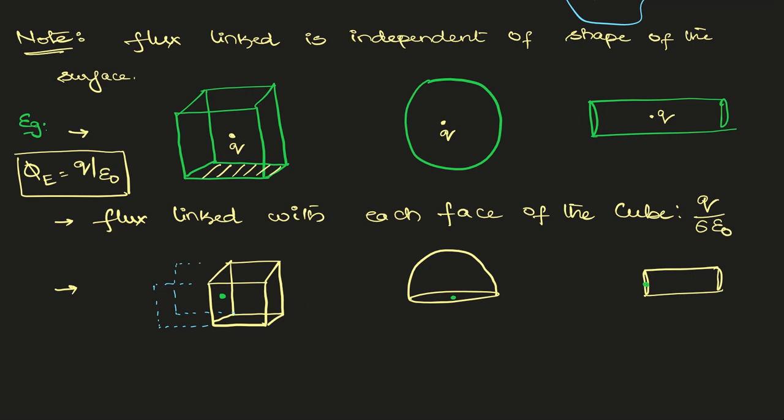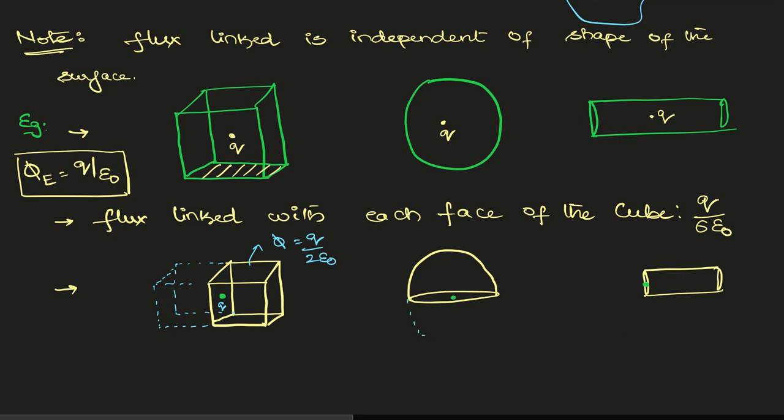Then this cuboid will observe a cuboid. This encloses this charge q, so the total flux linked with the cuboid is q by epsilon naught. Now flux linked with this cube will be q by 2 epsilon naught.